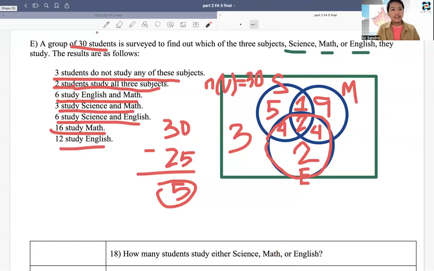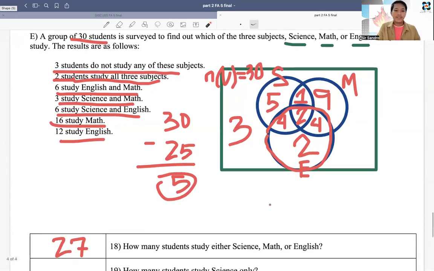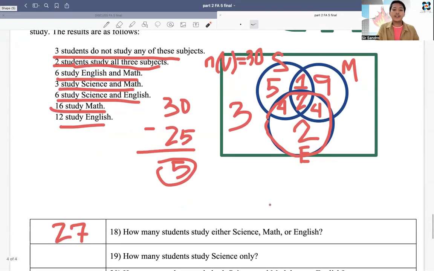So 30 minus 3 is 27. You can always recheck that. We have 9 plus 1, 10, 4 plus 4 plus 2, 10, that's 20 plus 5, 25 plus 2, that's 27. Yeah, 27.